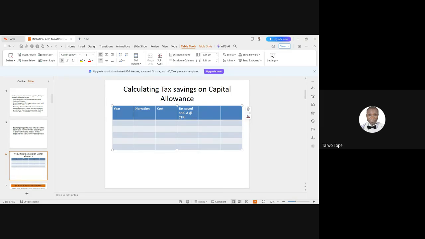Please, you can write it in full, at company's tax rate, so that you begin to look for the meaning of CTR.